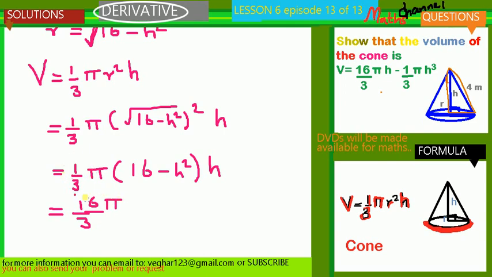Multiplying by 1 over 3 to this side and this side, and multiplying by h, you'll have something. You'll multiply by this, you'll have 3 over pi h squared, and multiplying by h should be h cubed.